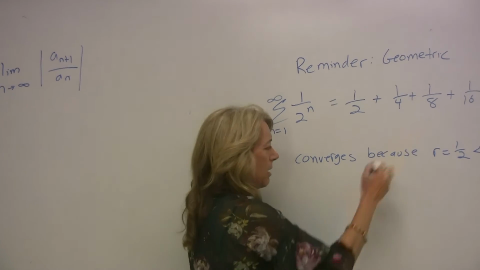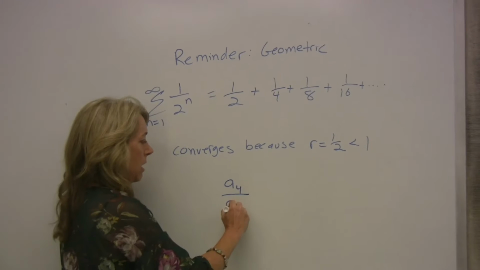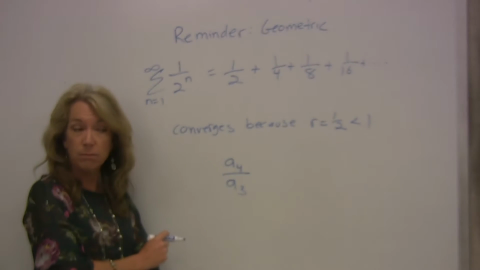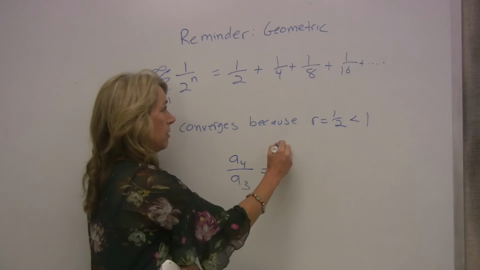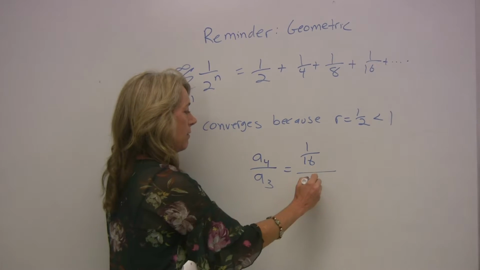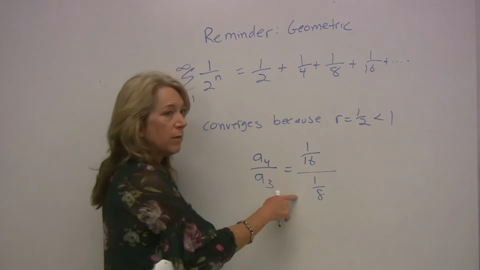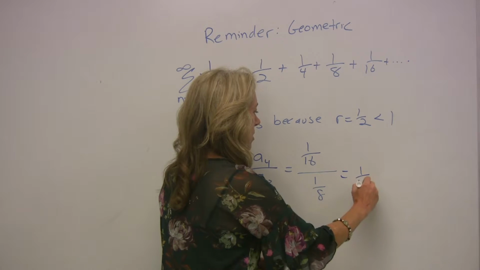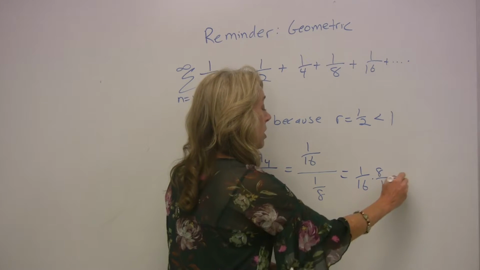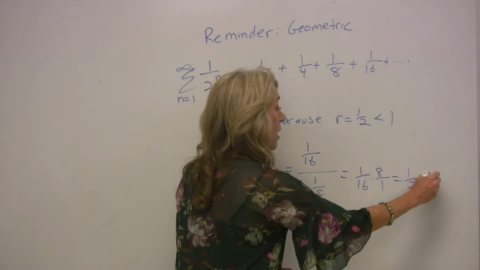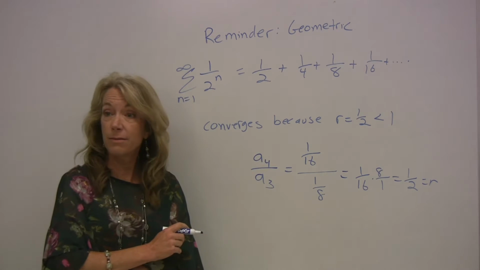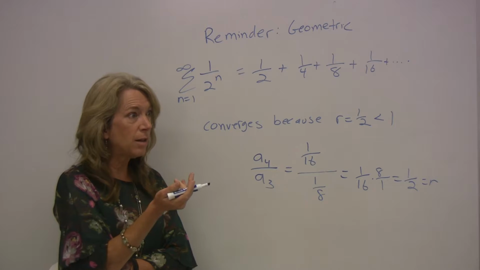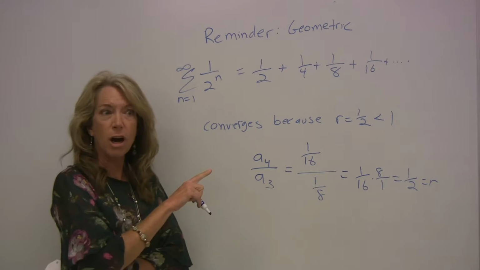I'm going to take a4 over a3, just going further out to make a point. I know you can already see the 1/2. I take this term divided by the one before it, and it turns out to be 1/16 times 8 over 1. What do you know? It turns out to be 1/2, which was my r. So in a geometric series, it converges whenever your r is less than 1.